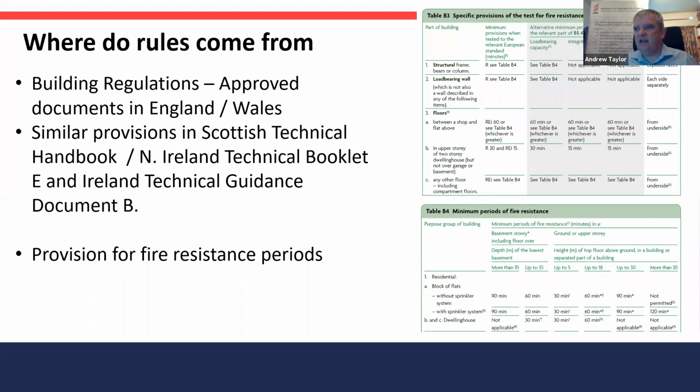Within building regulations, within building codes, you will find specific provisions for what a structural frame needs. This is B3, B4 out of ADB for England and Wales, but there are similar tables in the Scottish Technical Handbook, within the Northern Ireland Technical Booklet, and even in the Republic of Ireland in Irish Technical Guidance Document B. These similar tables tell you what the structural frame needs: a certain amount of load-bearing resistance, either to the European standard or to the old historic BS 476 tests.